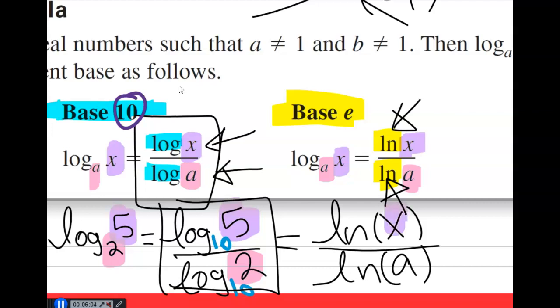So we have the argument on top and the base on the bottom. And of course, we do have the abbreviation for natural log, ln, twice, because we're taking the ratio of two logs.